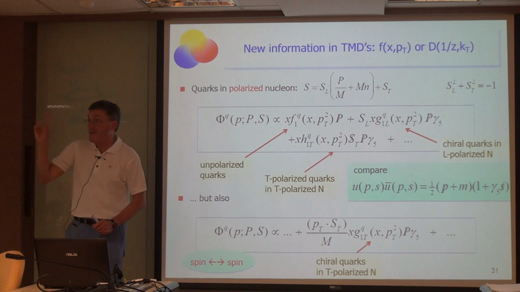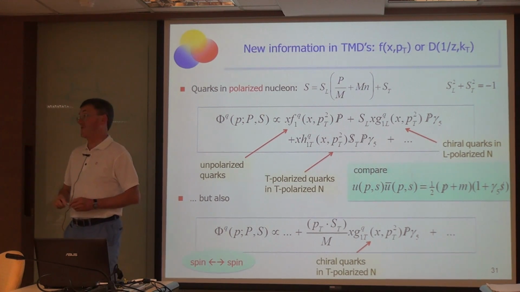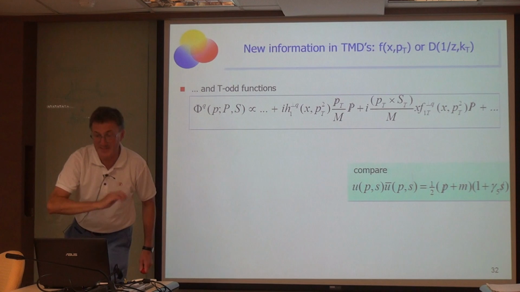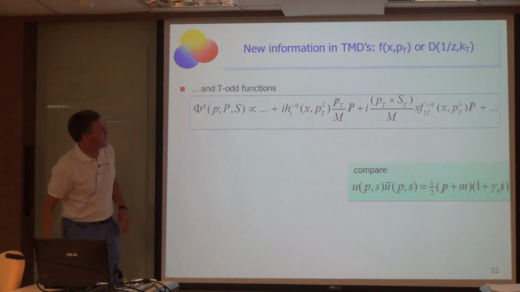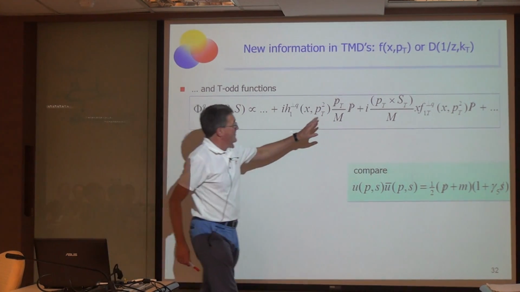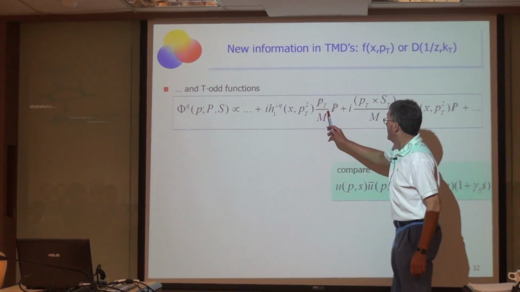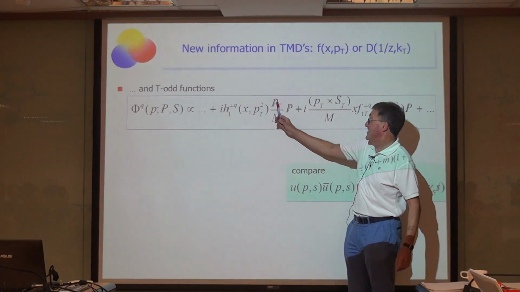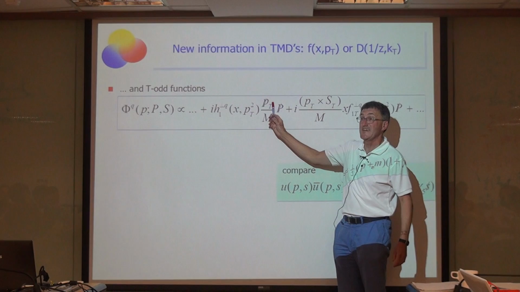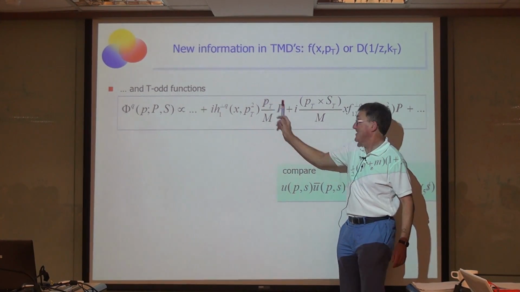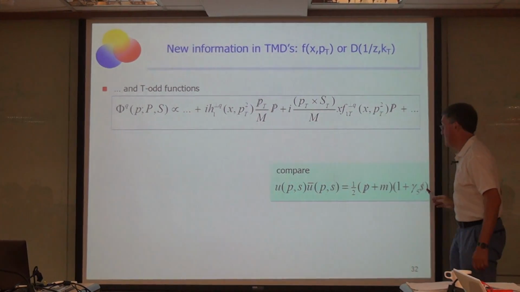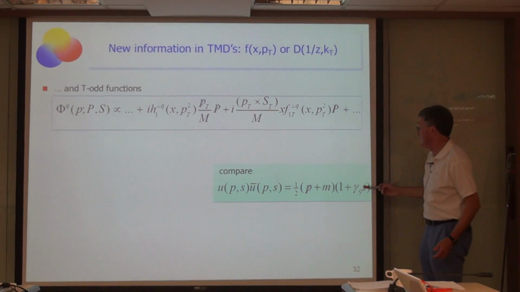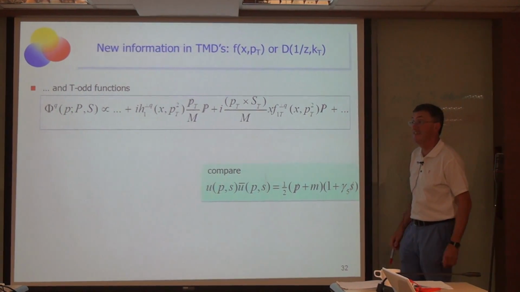Now, if you allow for T-odd stuff, you get something in addition. You also have things of the form PT slash PT. Oh, this is a transverse gamma matrix. Transverse gamma matrix, remember again this structure, can only be something which is sitting here.